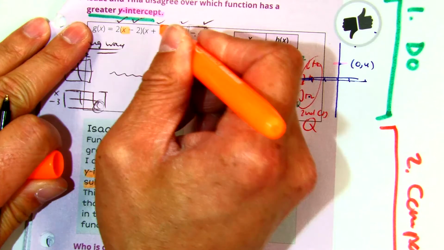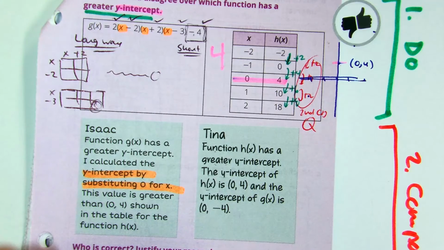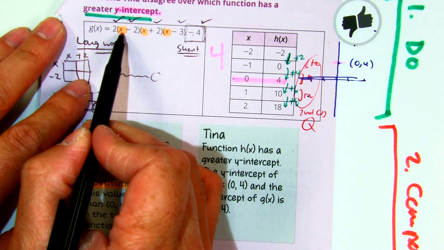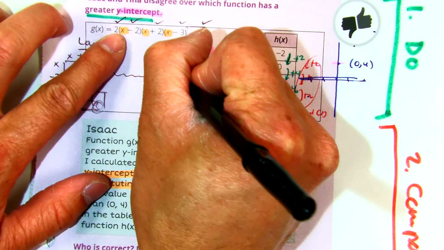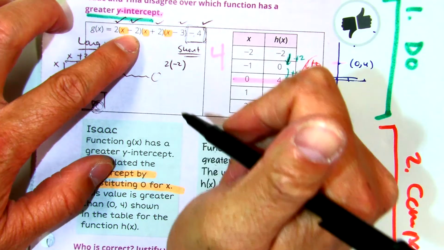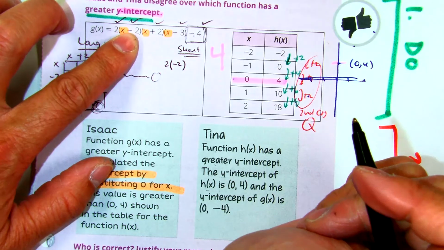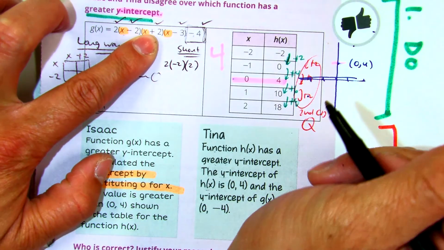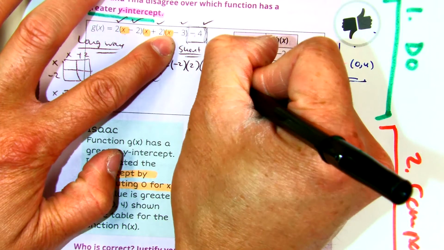So essentially what you're doing is you're just putting in there 0. And then you don't even have to say 0, right? So you're going to have 2 times negative 2. Class, what's 2 times negative 2? And then negative 4 times 2. Negative 8 times negative 3.